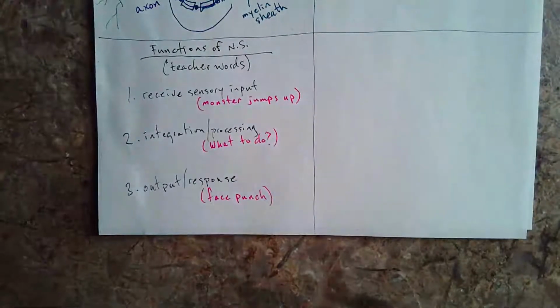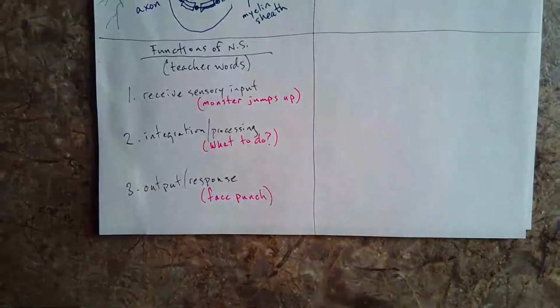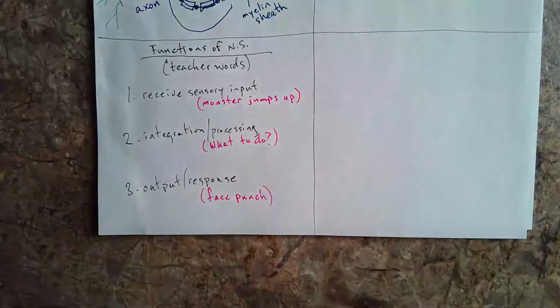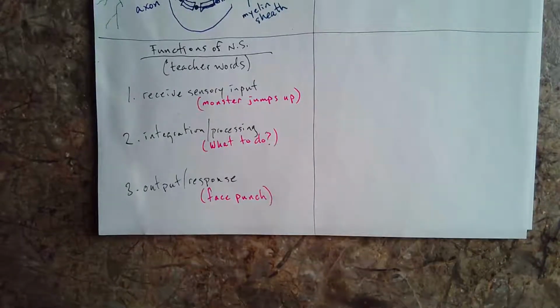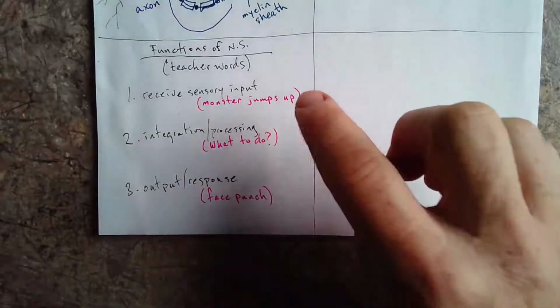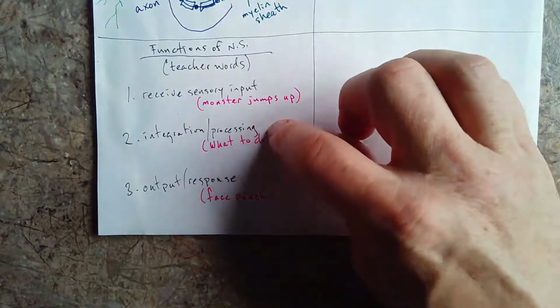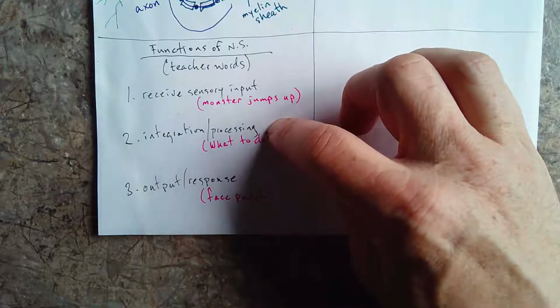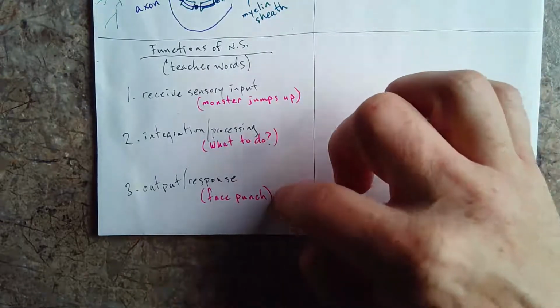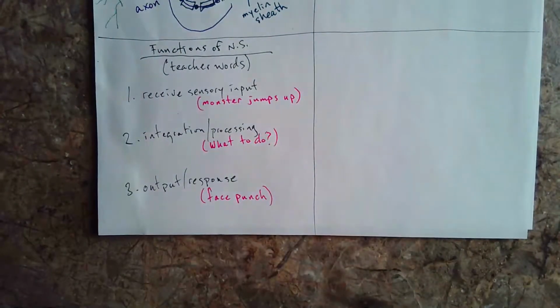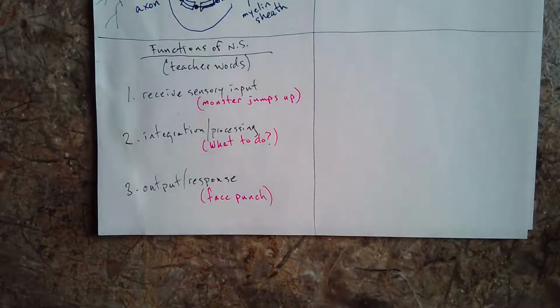No matter what's going on, whether a monster jumps out at you, maybe your tummy's grumbling because you're hungry, maybe it's time to wake up in the morning, you're not even thinking about it because sleep, maybe it's just time for your heart to beat. Whatever, some sort of sensory input sends to a processing center where there is processing and decisions are made, and then an output is sent along an efferent pathway. So let's talk about that too.